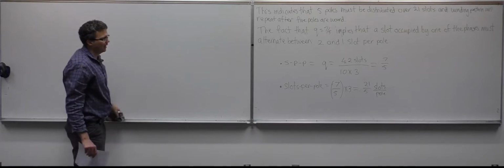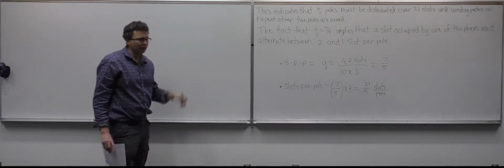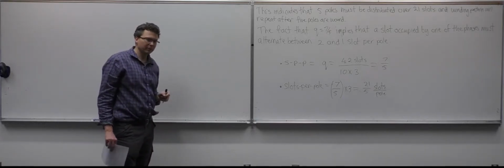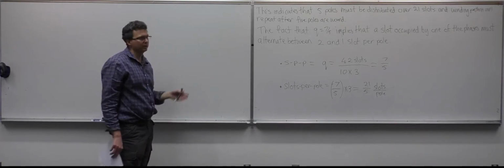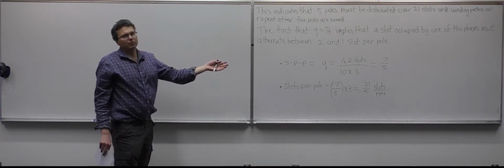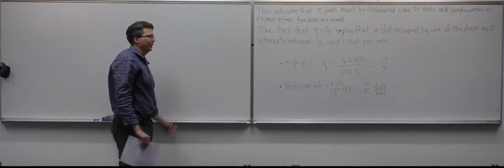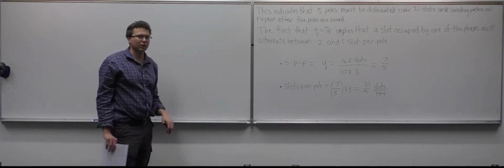Again, thinking about it from what we've done before, you either have 2 slots per pole per phase or 1 slot per pole per phase. How can you have a fractional slot per pole per phase?